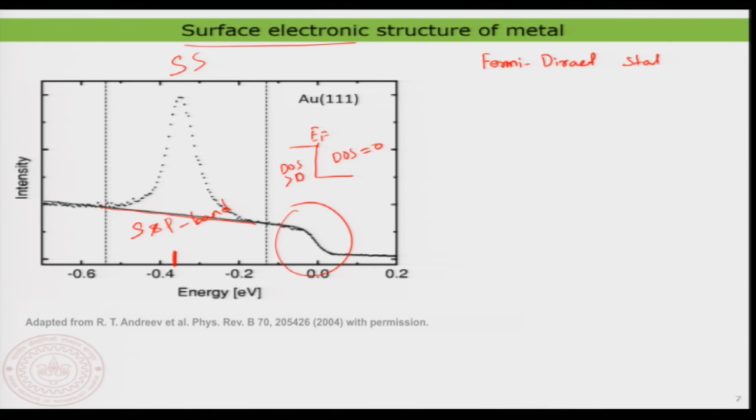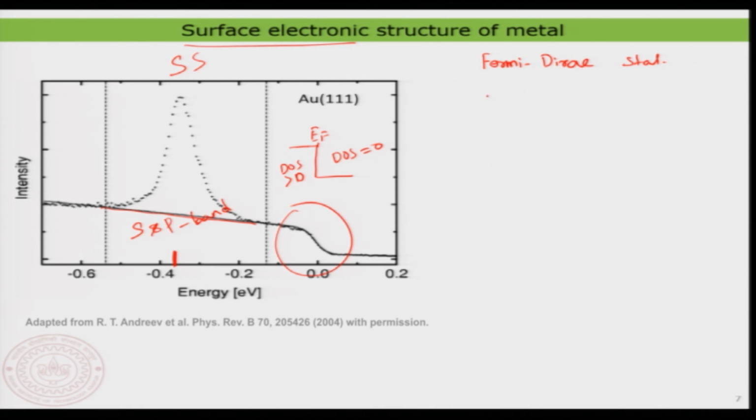Fermi-Dirac statistics. So, this is something that controls the density of state, or with this we can clearly understand the density of state of the material as a function of temperature, otherwise it is not possible.